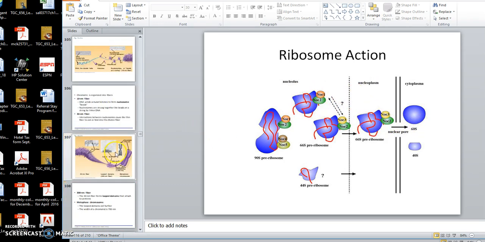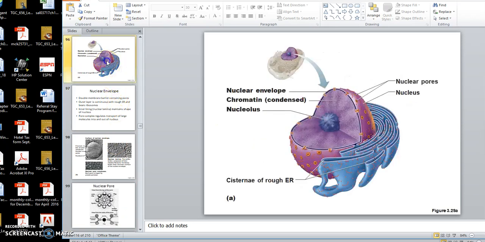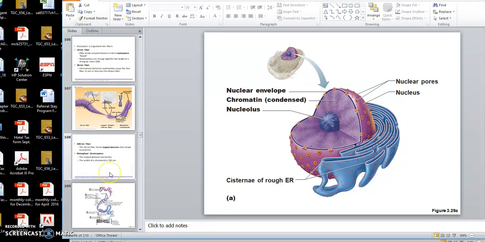Let's go back to an earlier drawing. So the ribosome would be made in the nucleolus, then travel to the nucleoplasm, then exit through these holes. When it exits through the holes, though, it exits as a small subunit separate from a large subunit. They exit separate.